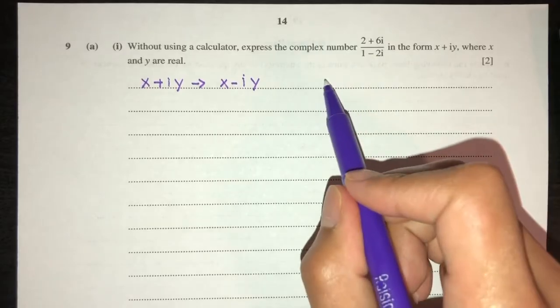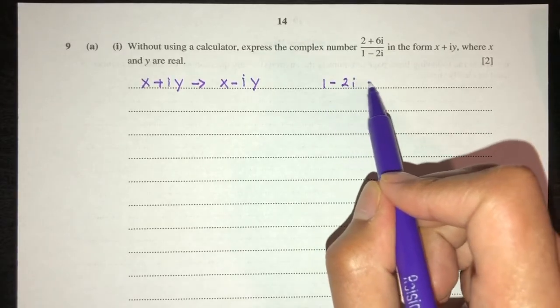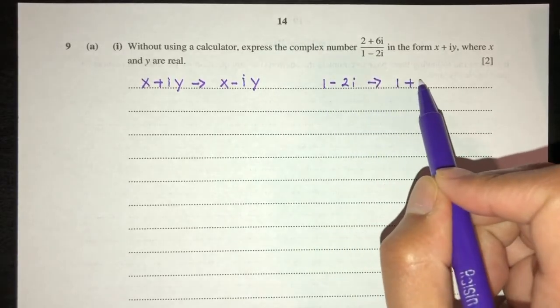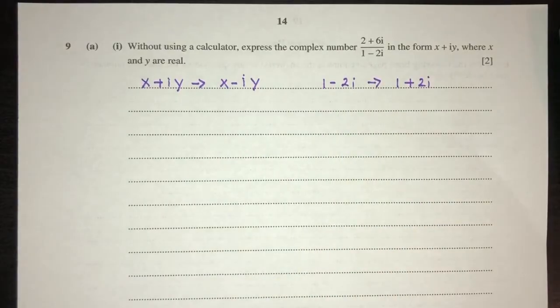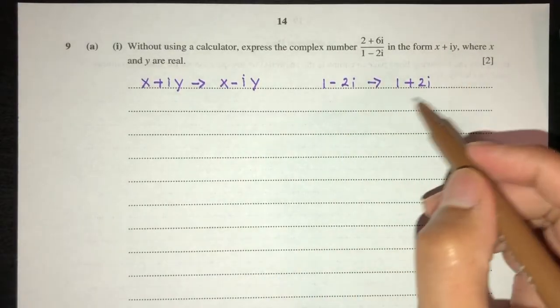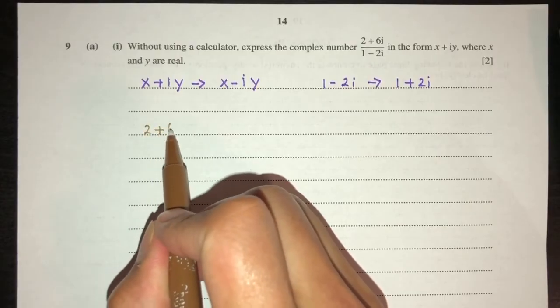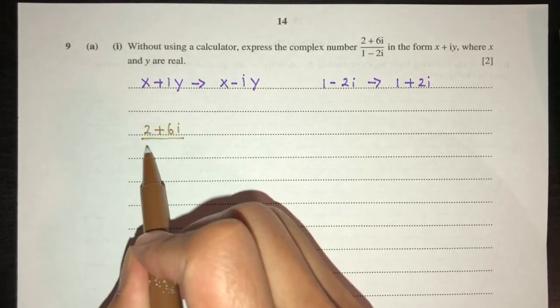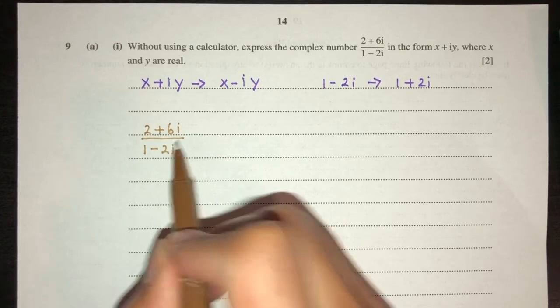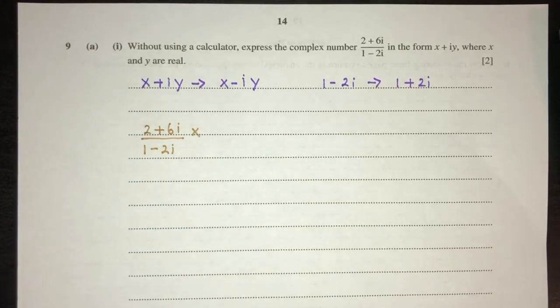So here at the bottom is 1 minus 2i, and the conjugate will be 1 plus 2i. Okay, so we just have to multiply the top and bottom by this complex number. So let's do that. We have this over 1 minus 2i, multiply top and bottom by the conjugate.